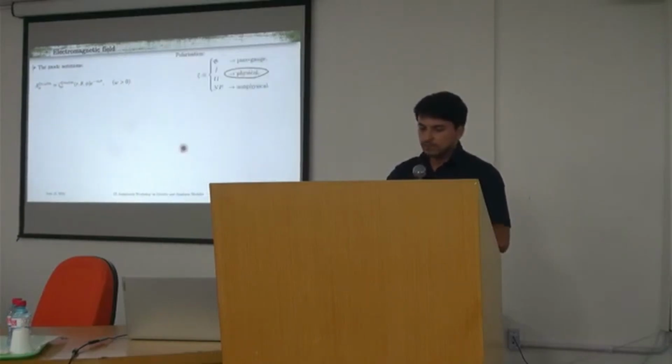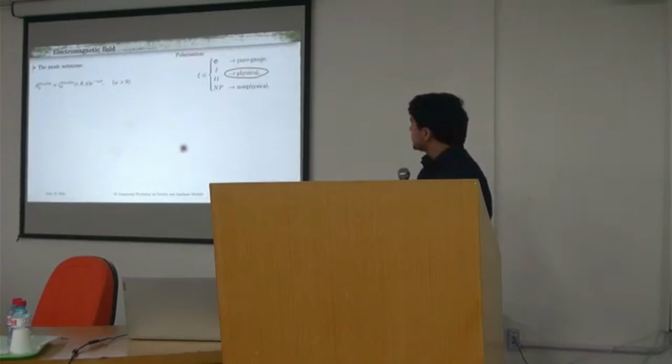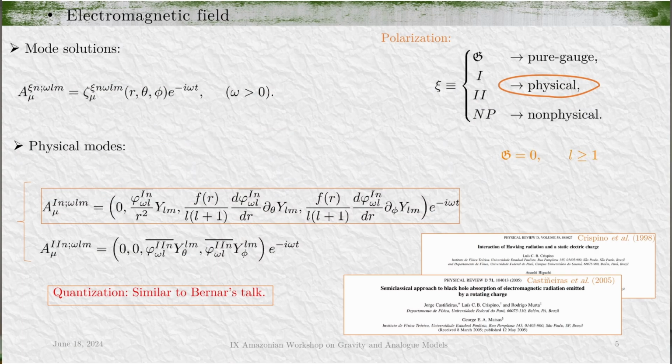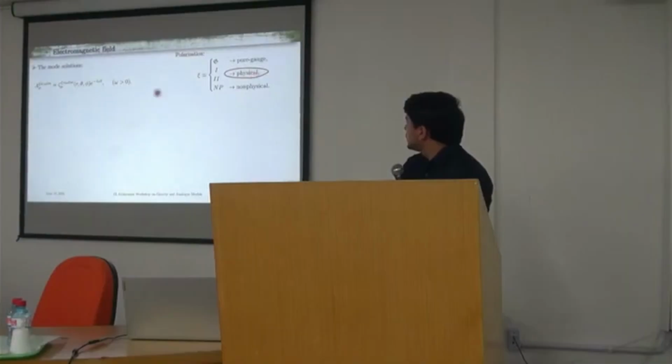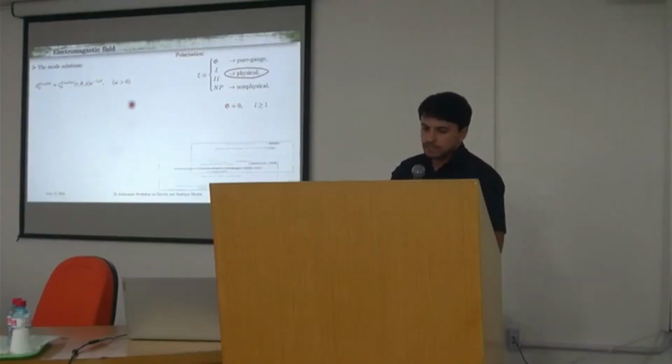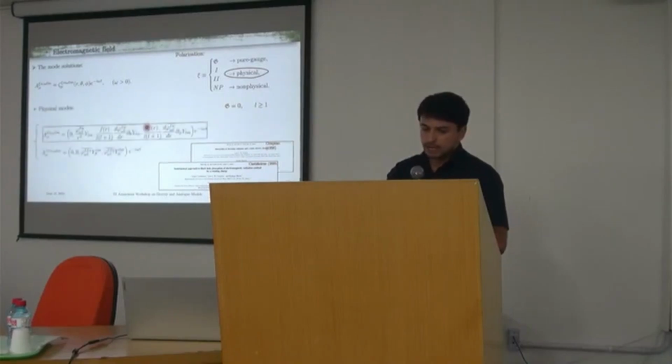We have four kinds of polarization in this case, but we will restrict ourselves to the physical polarizations that will be used to construct our physical modes. For more on these four kinds of polarization, I refer you to these two papers here. And here we have the physical modes.